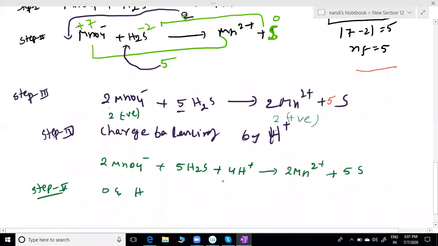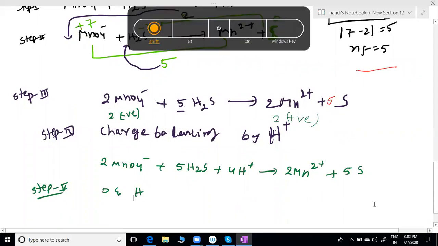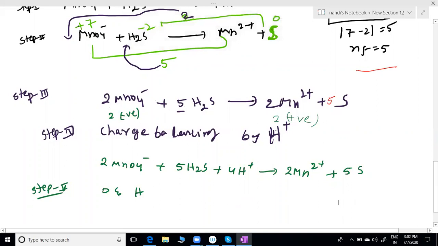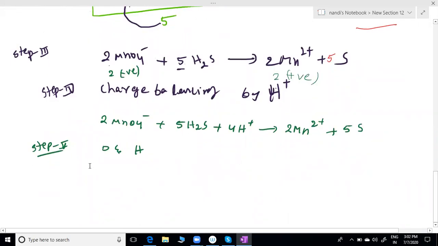So how many oxygens on the left side and right side can you count? Left side 2 into 4, 8 oxygen. But on the right side, is there any oxygen? No. For each oxygen atom, how many water molecules do you need to add?